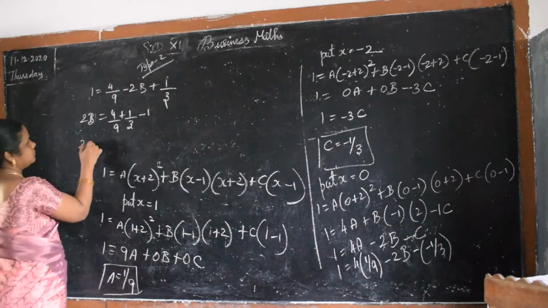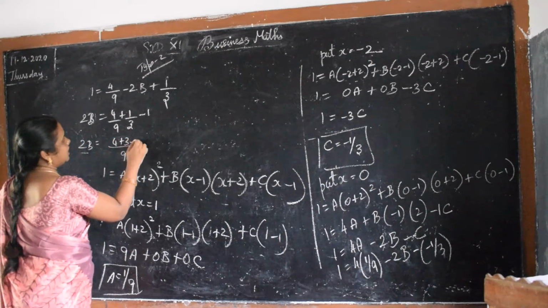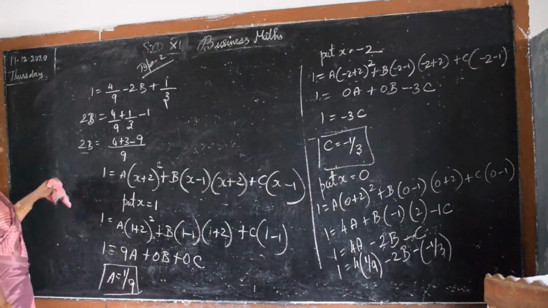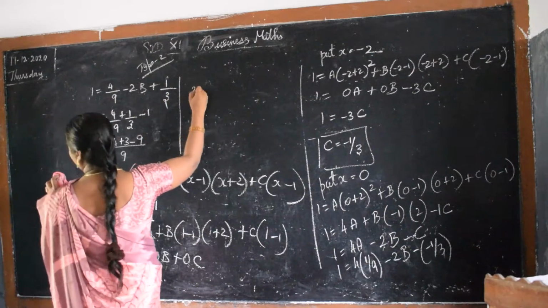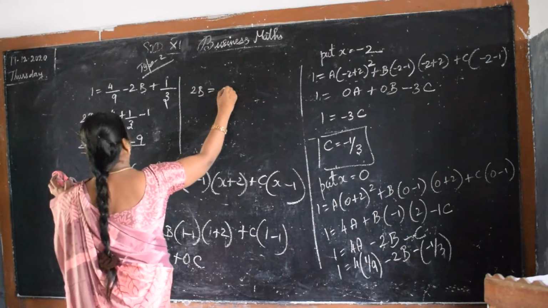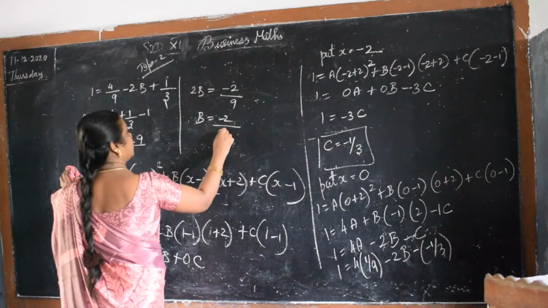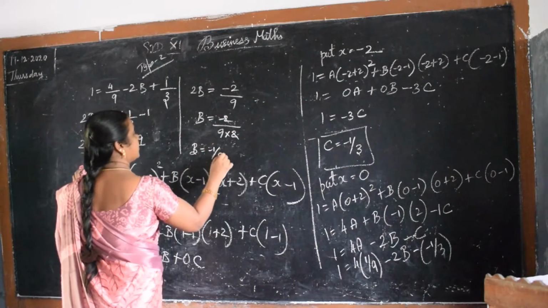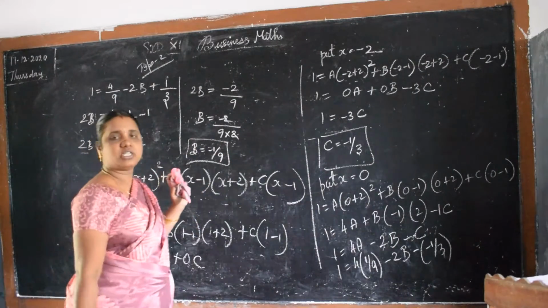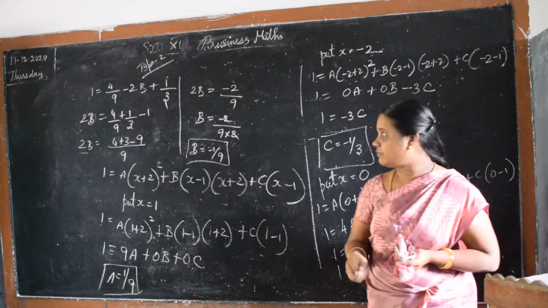Take LCM. LCM is 9. 4 plus 3 minus 9. That is, 2b is equal to minus 2 by 9. B is equal to, the 2 you can cancel. B is equal to minus 1 by 9. Have you understood, children? Now I got the value of b. What is the value of b? B is equal to minus 1 by 9.